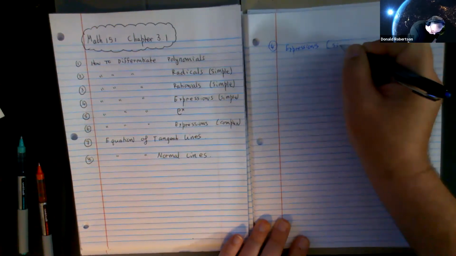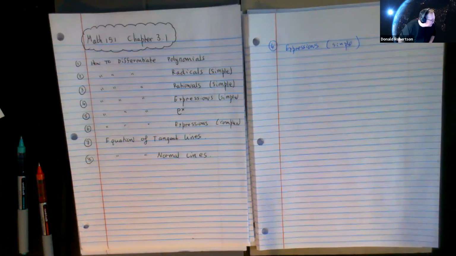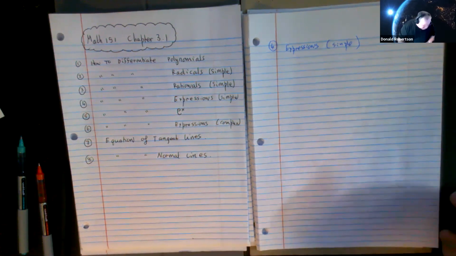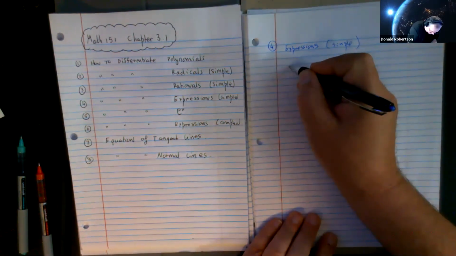So number 4, our next situation, are going to be expressions. And I'm going to call these guys simple expressions. So I'm not going to do anything too crazy yet. And we're going to see if we can figure out how you might deal with it. Here's one right off the bat.